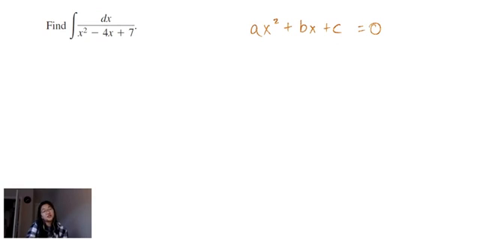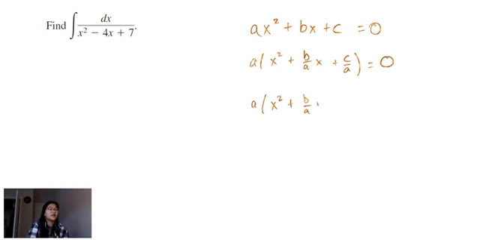Okay, so we're trying to solve this and it's not working and we're sad, so try to factor out the a. So we got b over a, c over a equals 0, and then completing the square means that we need to move that over, or just push it out. So we have like a x squared plus b over a x plus something, plus, I guess we just pull that out of there, because if you distribute your a to the c over a, then it just becomes a c again, okay?